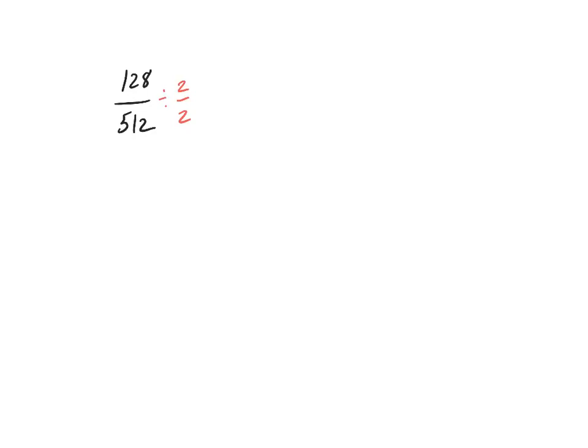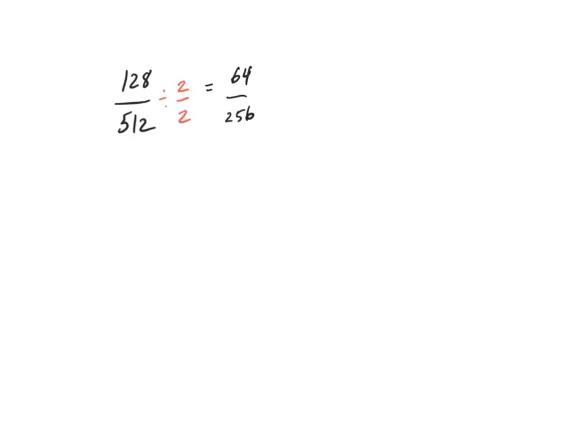So when I start dividing here, 128 divided by 2 gives me 64. And 512 divided by 2 gives me 256. I'm now in the same position where I have to look for common factors of 64 and 256.